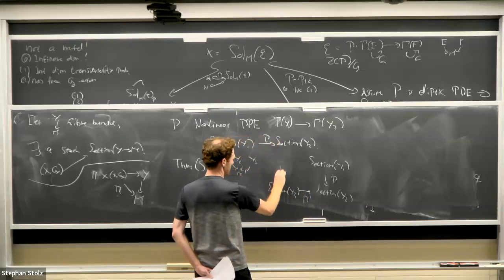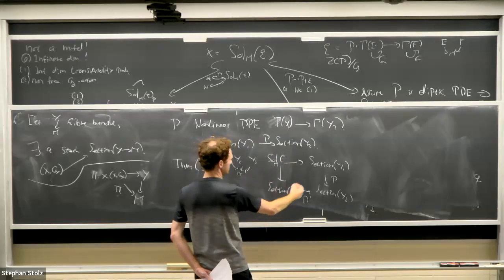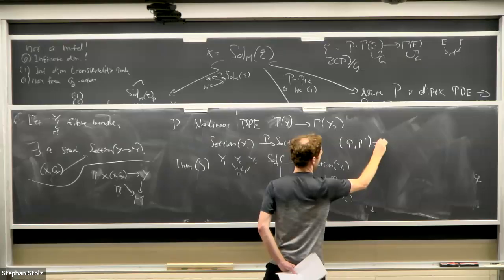What you can do is take a pullback diagram. Let me call the system P prime... let me call that now B.